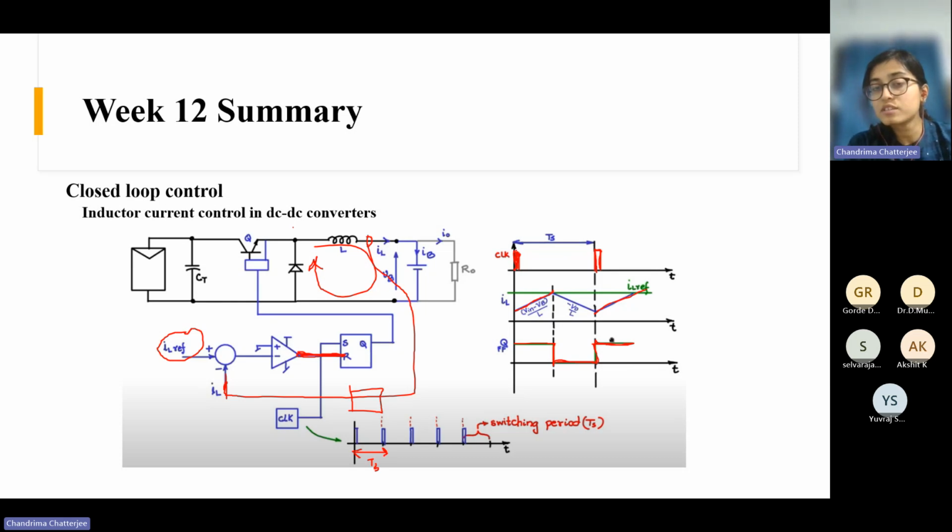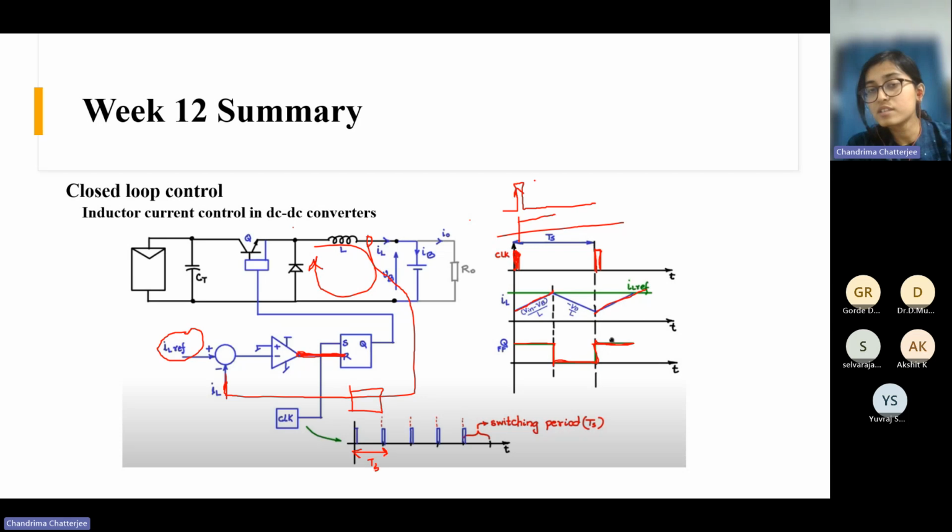So whenever this SR latch sees the clock, Q becomes high at the rising edge of this clock pulse. It may be on the rising edge, it may be on the falling edge also. Suppose it sees this rising edge, so now I can make my Q high. So at this portion your Q becomes high.